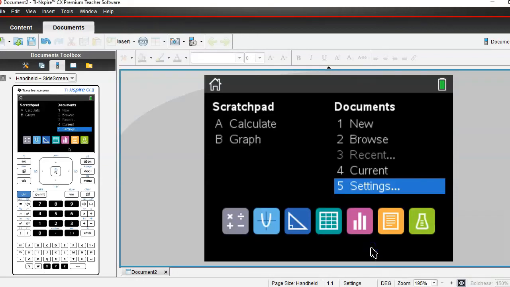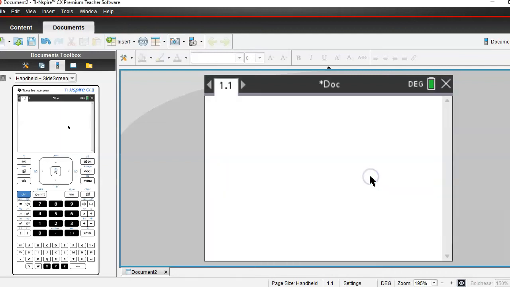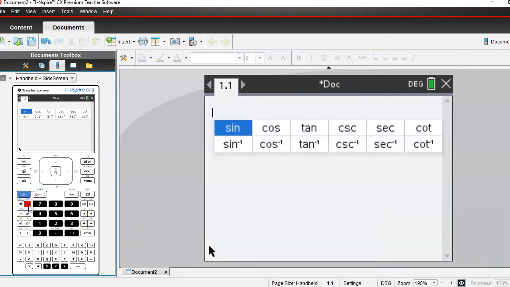All right, so I'm going to go back into my current document, and I would like to find out what the sine of 12 degrees is. Well, I'm looking for my trig buttons, and where might they be? Oh, look, there's a button that says trig on it. I bet you that's useful. Trig, there we go. All right, ladies and gents, here is all 6 of my trig functions, the little dudes with the negative ones there. Pay no attention to the man behind the curtain.